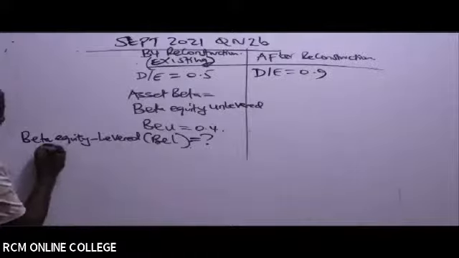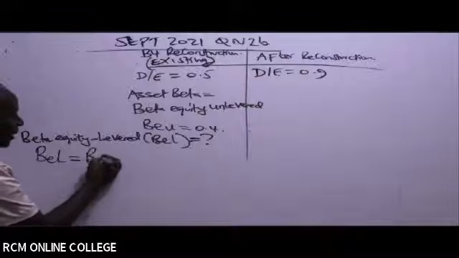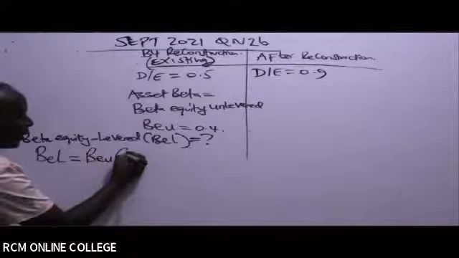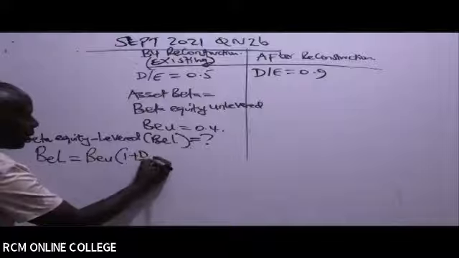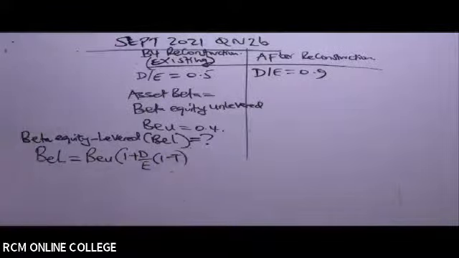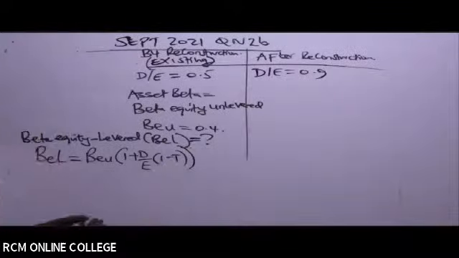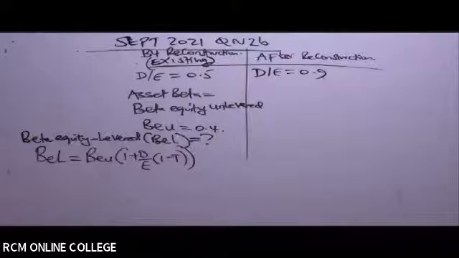To get this beta equity levered, we shall take beta equity unlevered times 1 plus debt over equity, but this has to be tax adjusted.